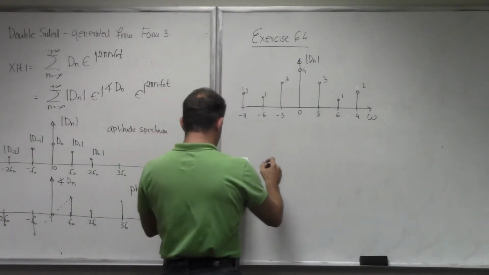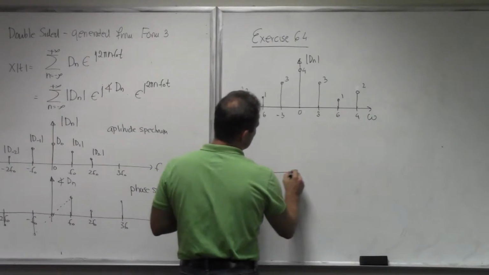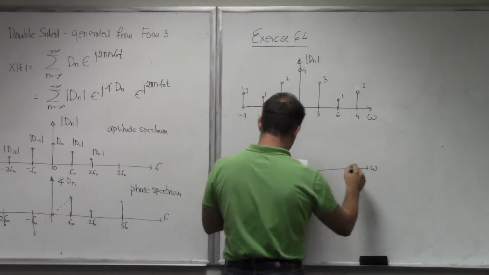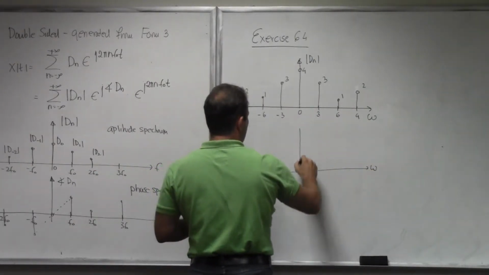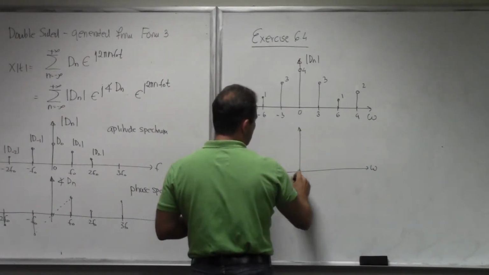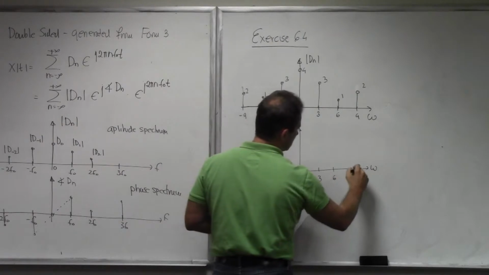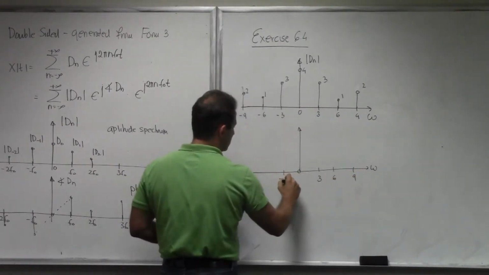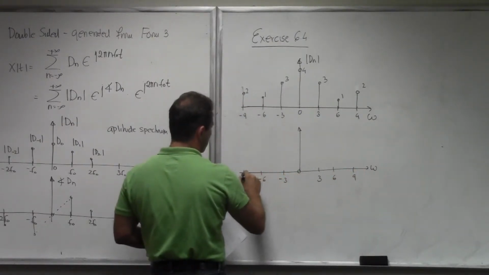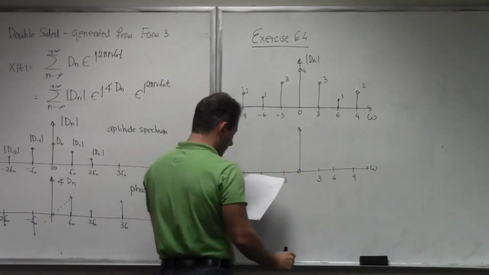The phase spectrum here, in this particular case, looks like this. The phase of the DC component has to be 0. This is 3, 6, 9, minus 3, minus 6, minus 9.